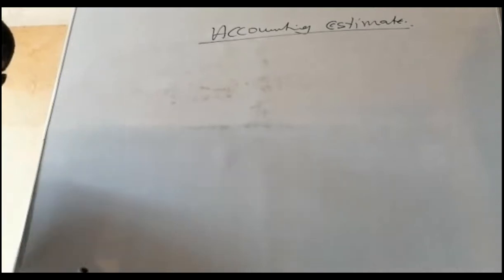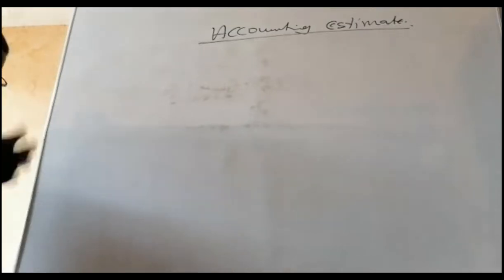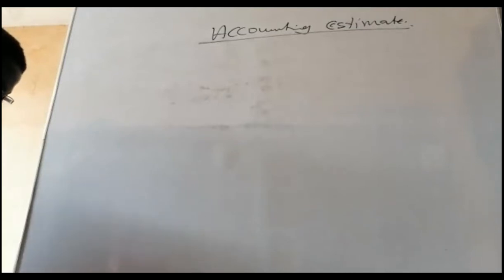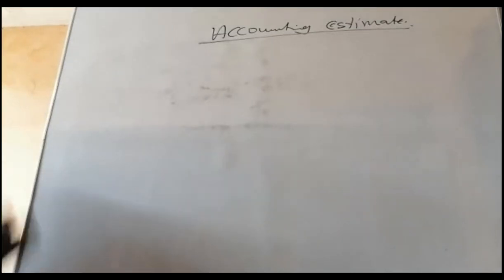But estimate deals with what? Determining an unknown figure. So any figure or item where the amount or value involved is not actual, but must be forecast or determined through a degree of estimation. That is what an estimate is.